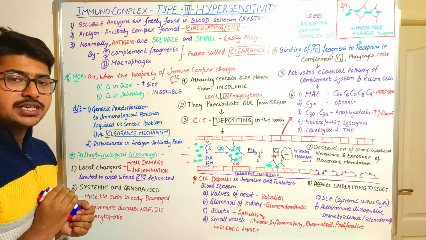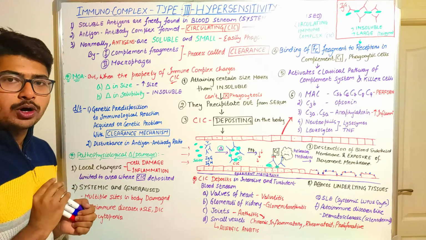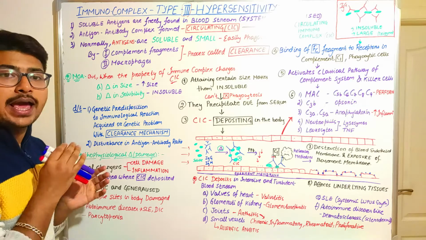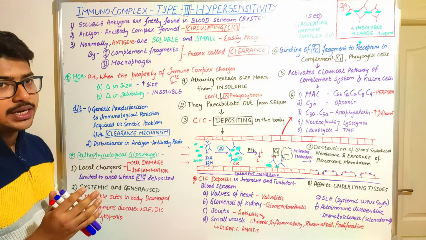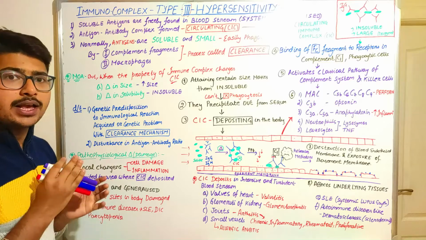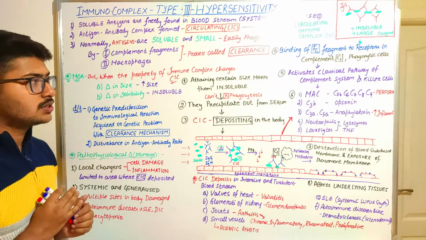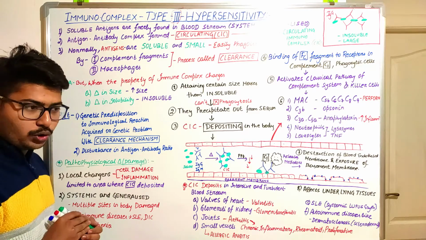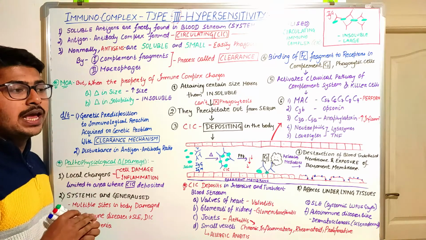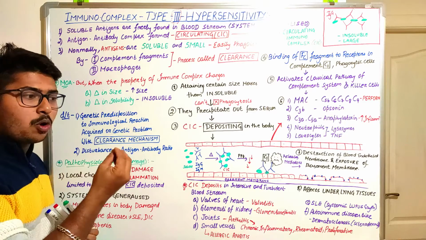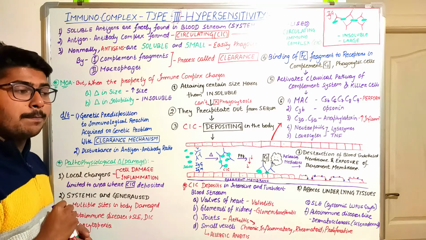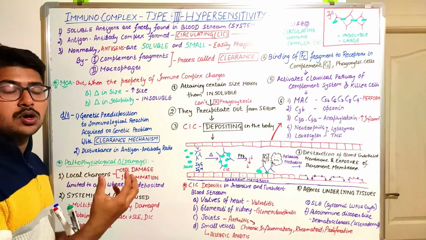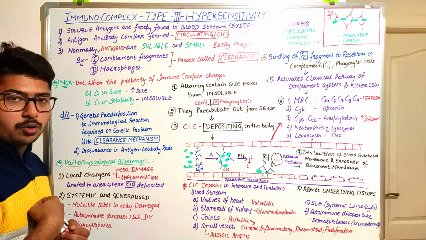When there is a presence of soluble antigen in our body, it can be exogenous antigens or endogenous antigens. Exogenous antigens here are those proteins or peptides or any biomolecules that are produced by any kind of microorganisms or pathogens entering our body.